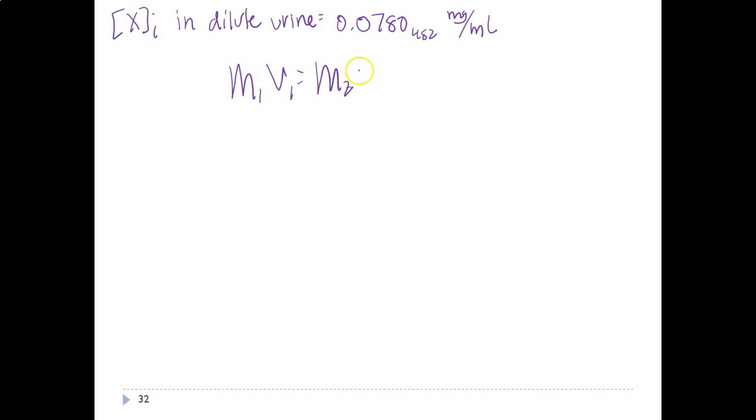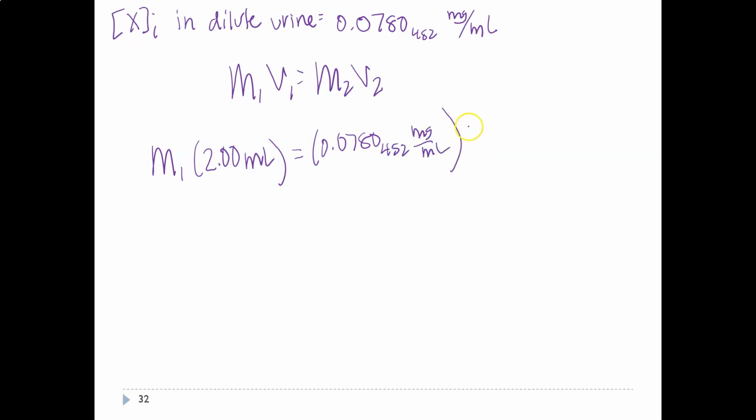So dilution looks like this. M1 is going to be the concentration of the original solution. V1 was the 2.00 milliliters of urine they originally added. M2, that's what we just solved for. What was the concentration of that solution? And V2 is not 25 milliliters. That's how much was used when we tested it.